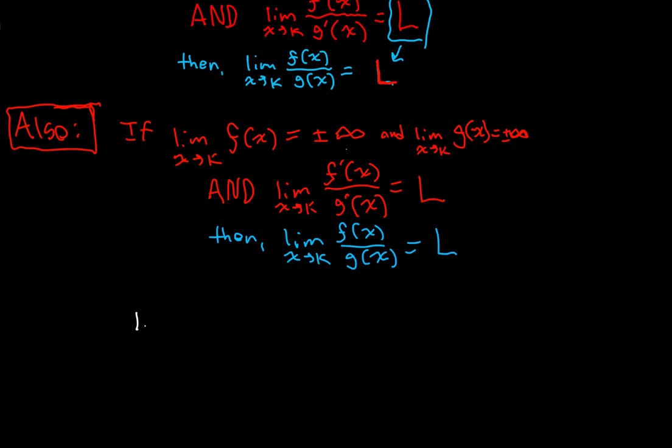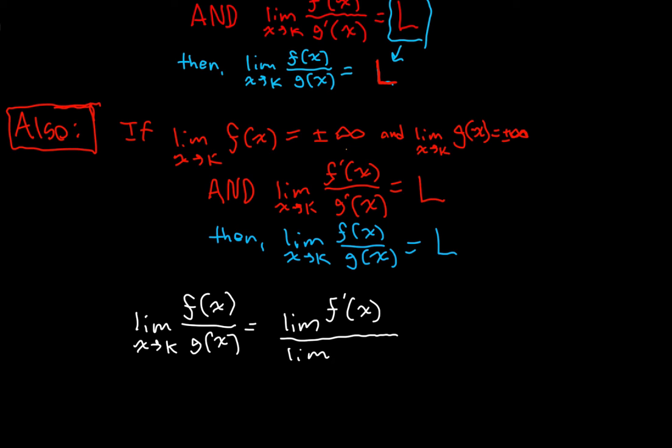Basically, the limit as x goes to k of f of x over g of x is equal to the limit of f prime of x over the limit. Oh wait, I'm doing this all wrong. What am I doing? My gosh, I'm a monster. Let's redo that whole thing. The limit of f prime of x over g prime of x, sorry, as x goes to k. But this has some givens.